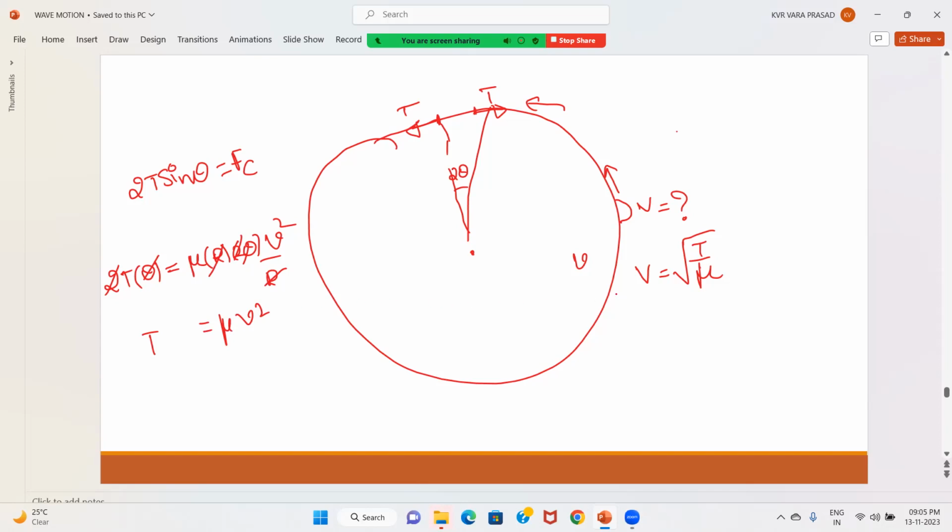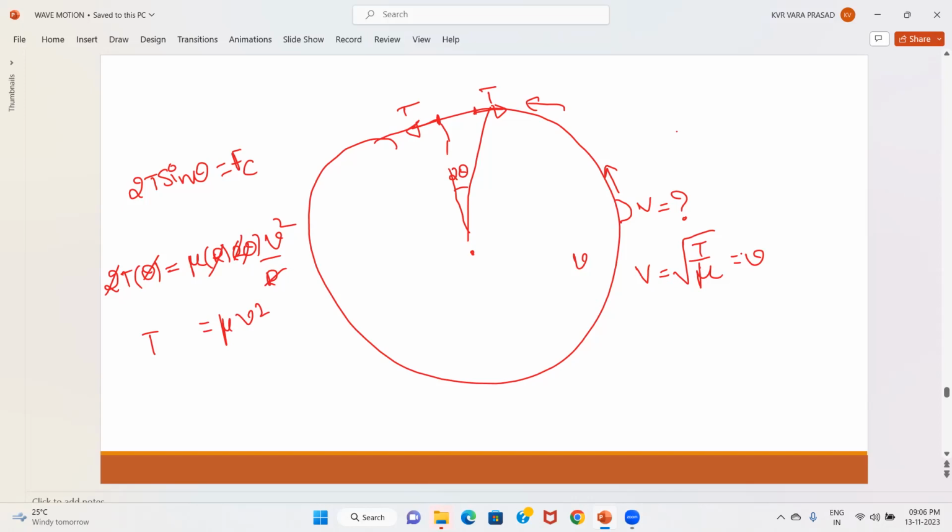Now substitute that in the relation v equals root of T by mu. Then see what we get. Mu gets cancelled. This v equals v. Means the speed of the transverse waves on the string with respect to the string is equal to the tangential speed.